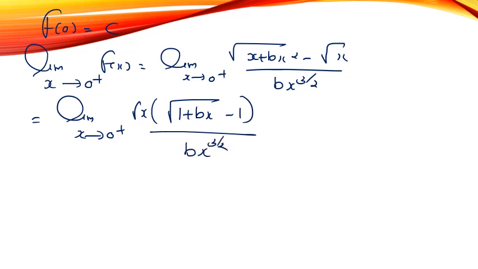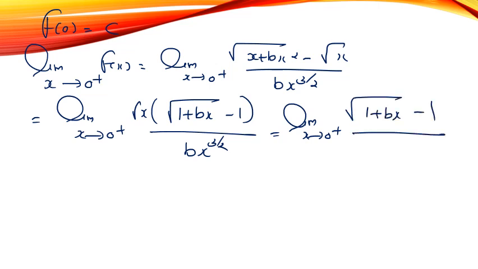This x raised to 3 by 2 is x into root x, so one root x goes away. Limit x tends to 0 plus root of 1 plus bx minus 1 by bx will come, because x raised to 3 by 2 is x into root x, and root x and root x cancel.